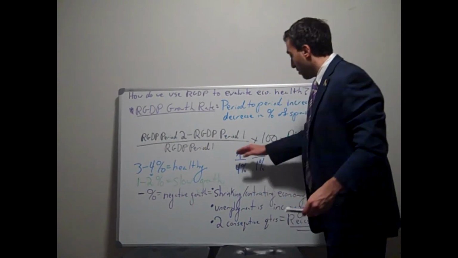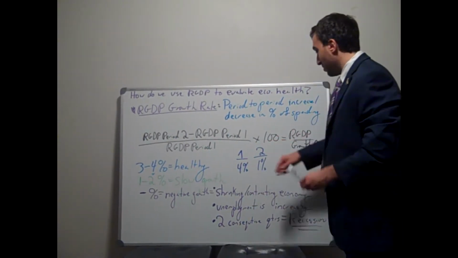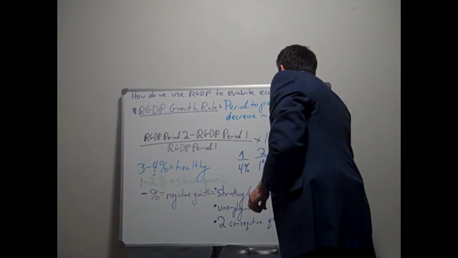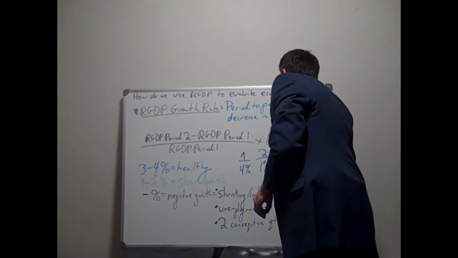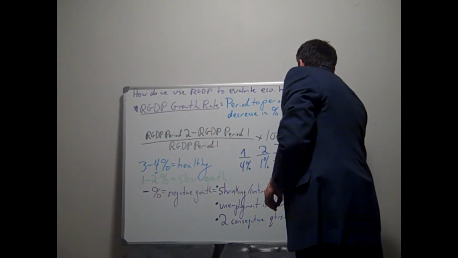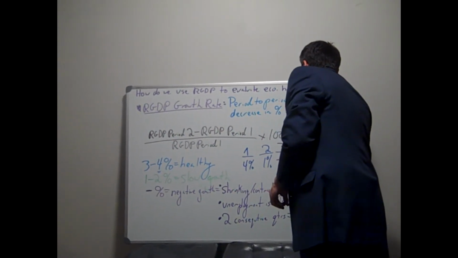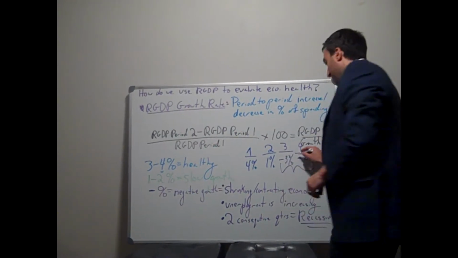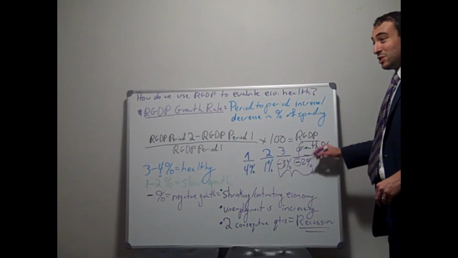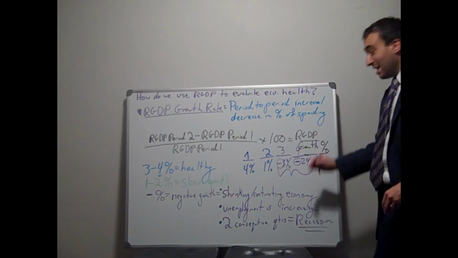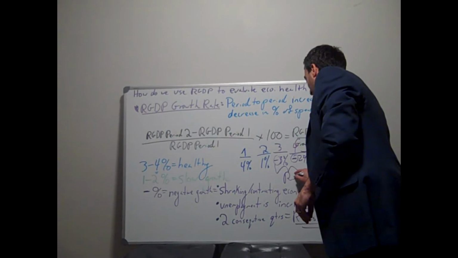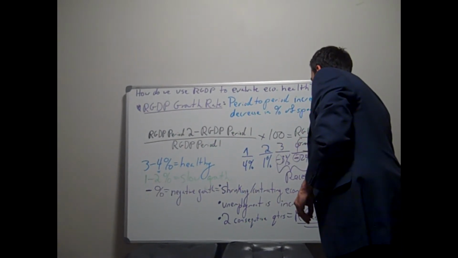So let's say it was quarter 1, 4%, quarter 2, 1%, quarter 3, negative 3%, quarter 4, negative 2%. Because these numbers are negative, this negative 2% is still bad. This means it's negative 2% of the previous quarter, and then this would be a recession.